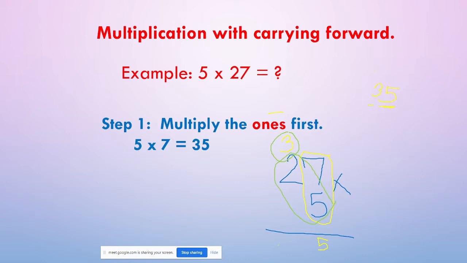What is it? 10 plus 3 is 13. If there is no more number here, you will just write it even if you have 13. Okay, so the answer is 135.